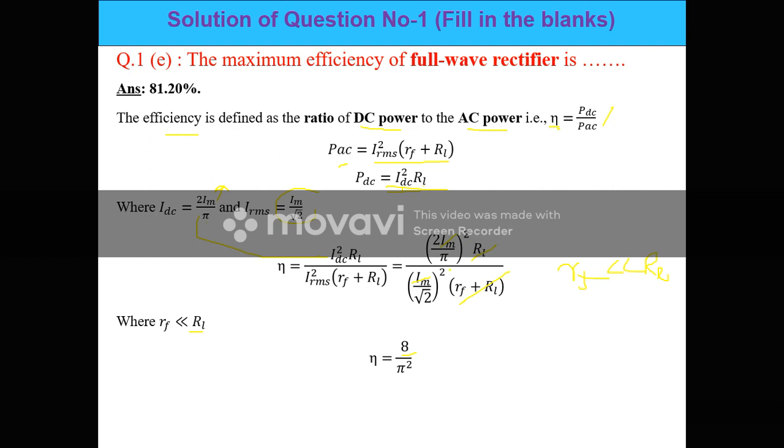So in percentage, 8 by pi square into 100 is about 81.2%. That is the answer. This is the formula to find the maximum efficiency of a full wave rectifier. This is the derivation.